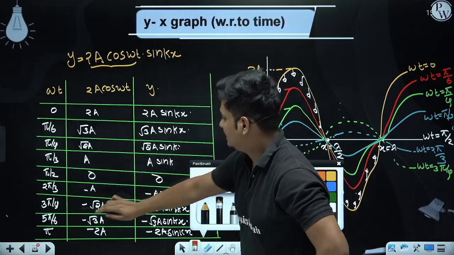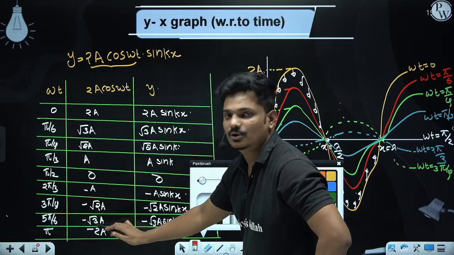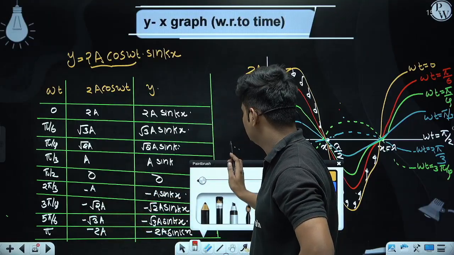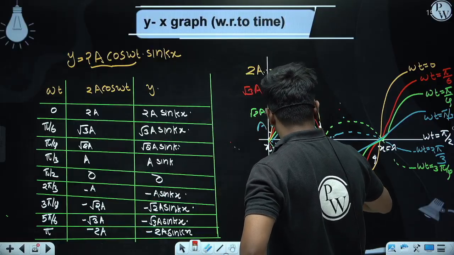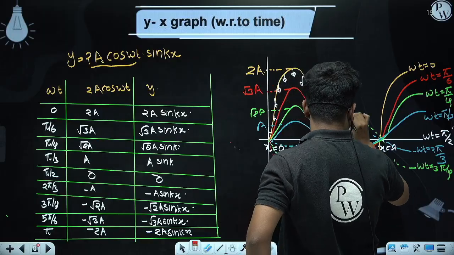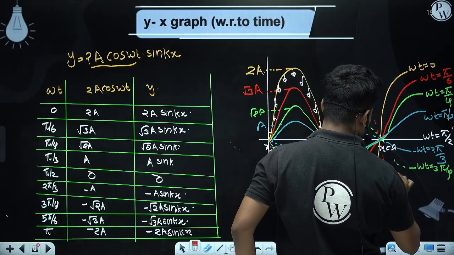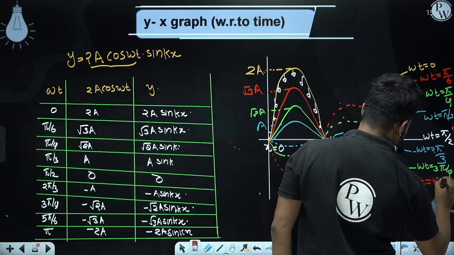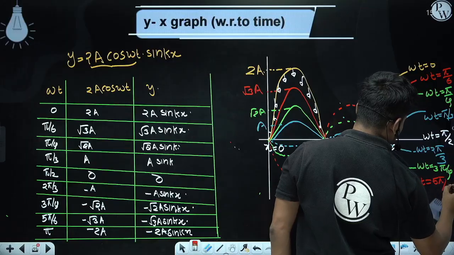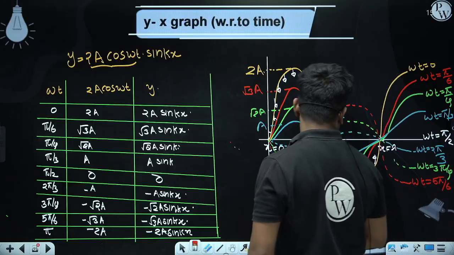At 5 pi by 6, what is the value? Minus root 3a sin kx. So we can draw like that. Try to visualize, students. So this is omega t is equal to 5 pi by 6.